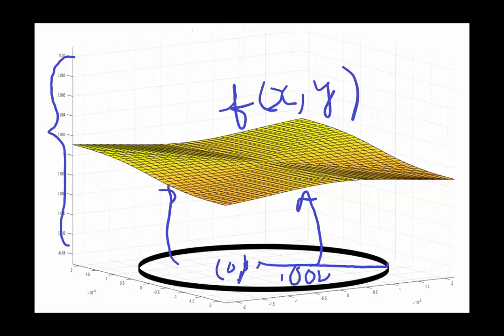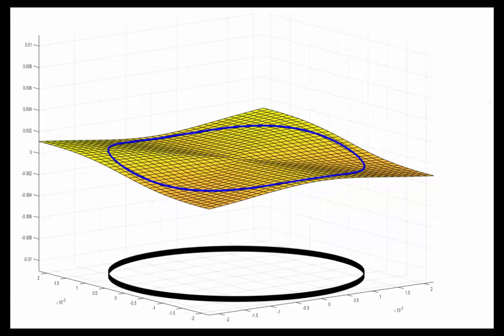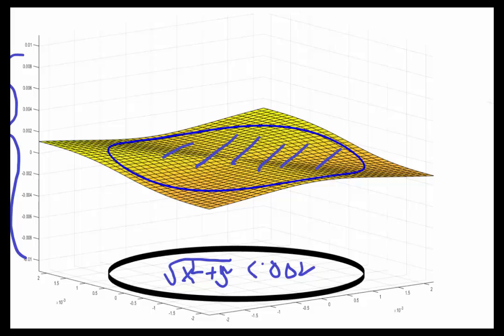Okay, so hope this all made sense to you. In other words, we have everything inside of this disk mapped onto this region, which is well within 0.01.